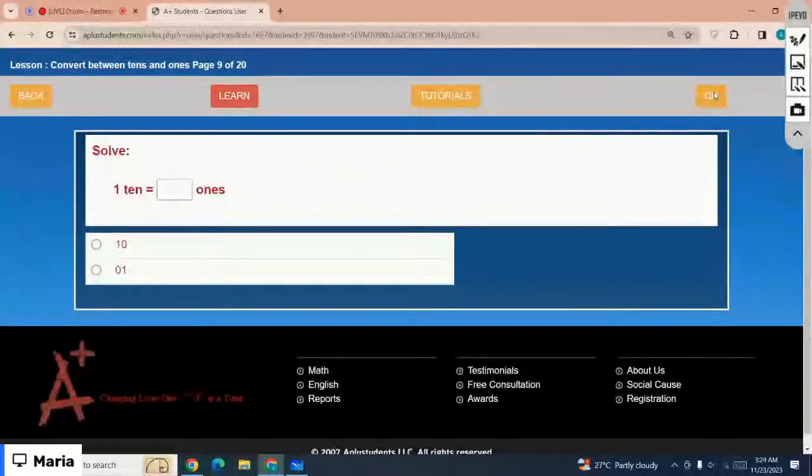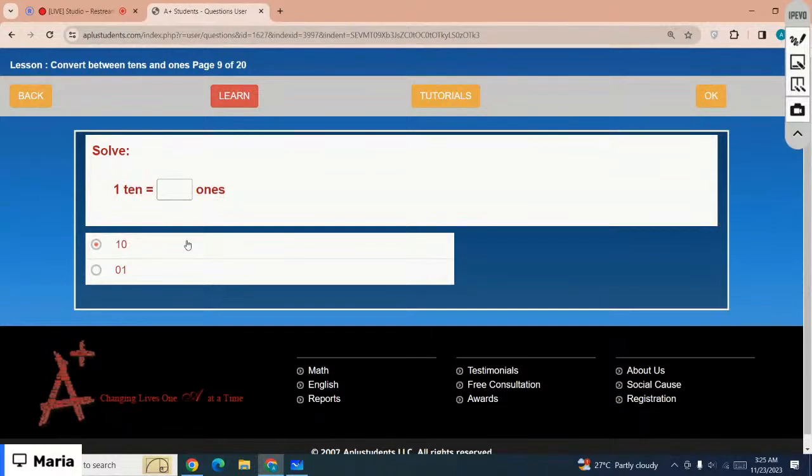1 ten means you have 10, right? So from 1 to 10 you have 10 ones.